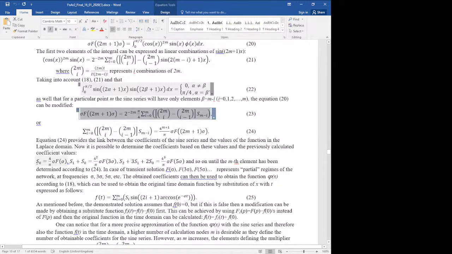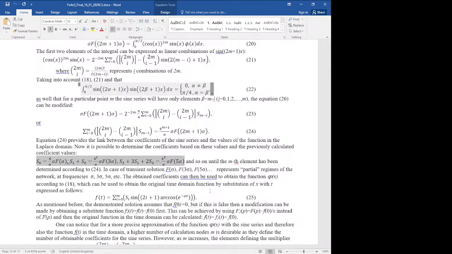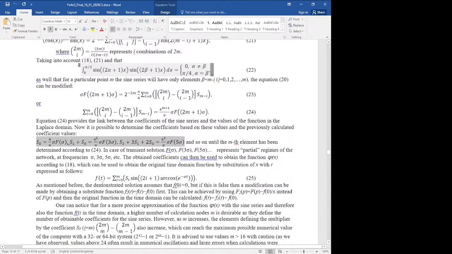This allows us to find these sine coefficients and perform the needed Fourier transform. In reality, this means that what we will need is a set of partial regimes or partial modes at discrete frequencies, defined by the step of points we used.